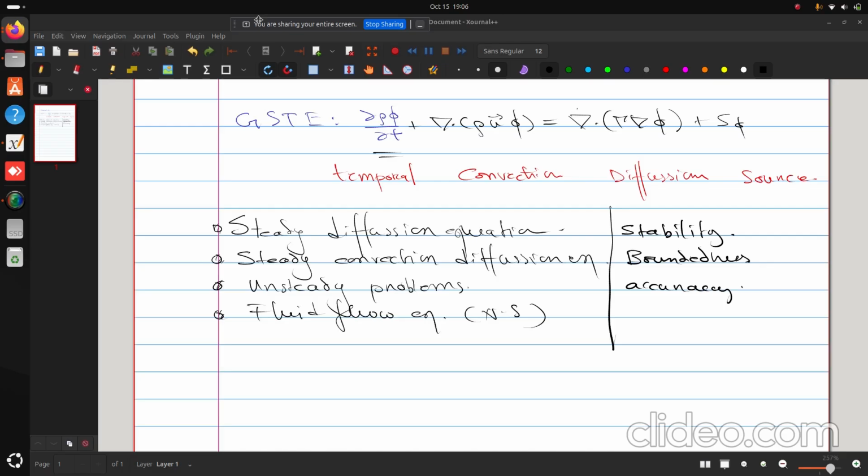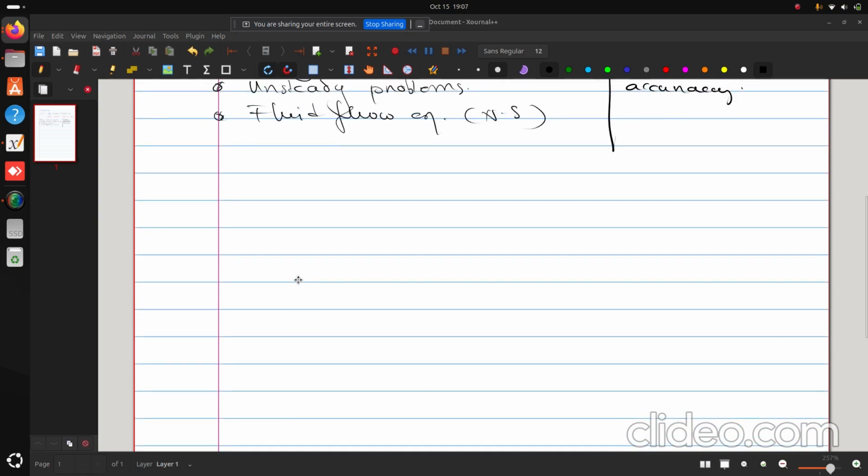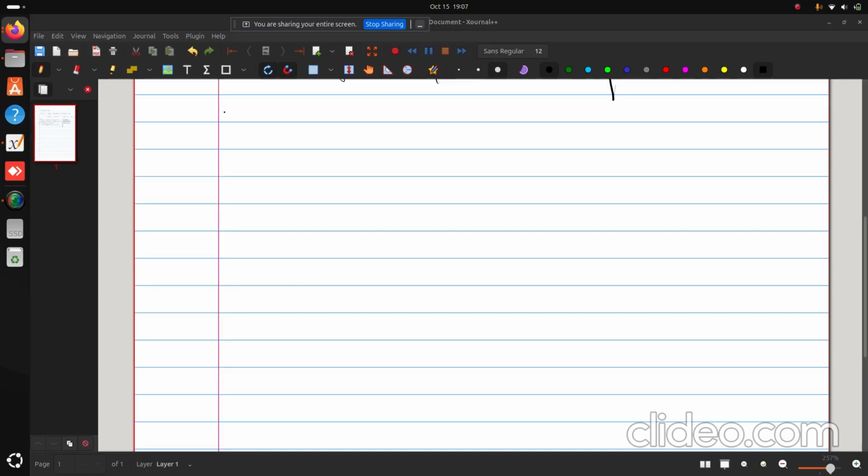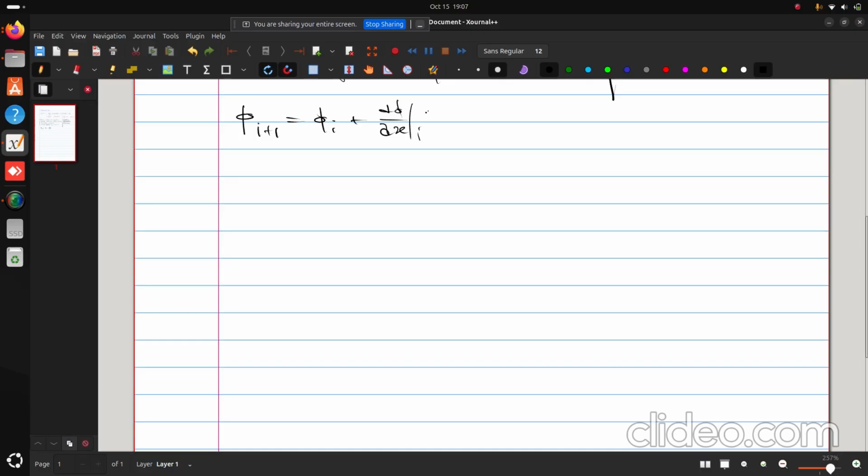If you remember from the Taylor series expansion, for example, if we want phi at i plus 1 expanded over point i, it will be phi i plus delta x times d phi by dx, and so on.